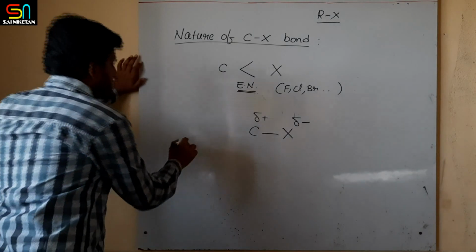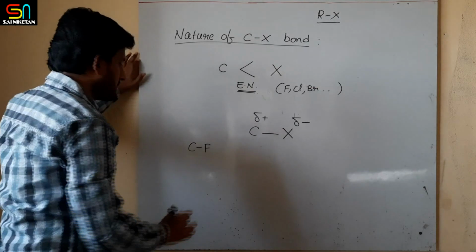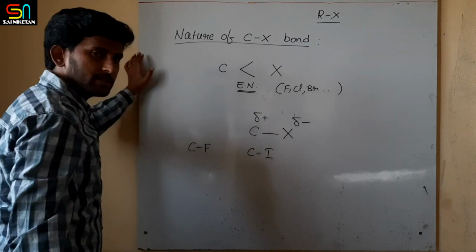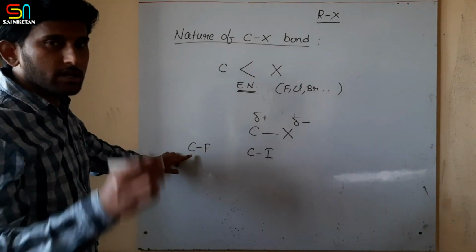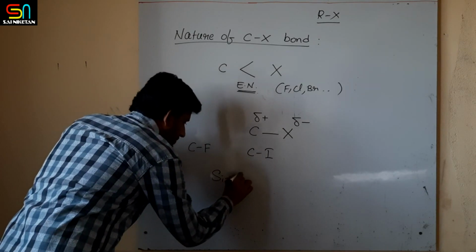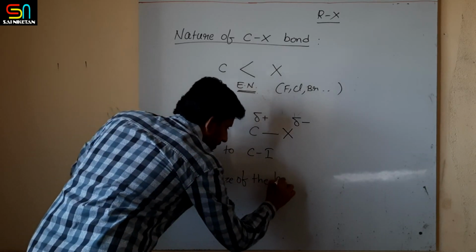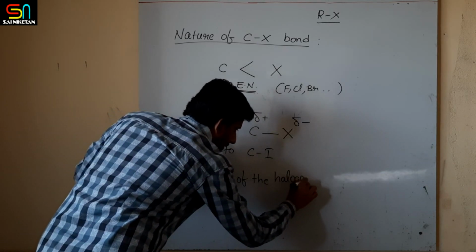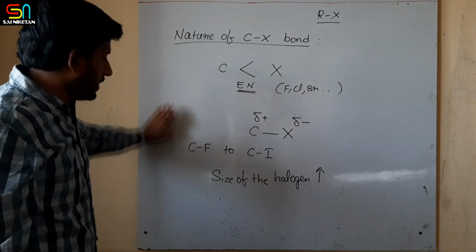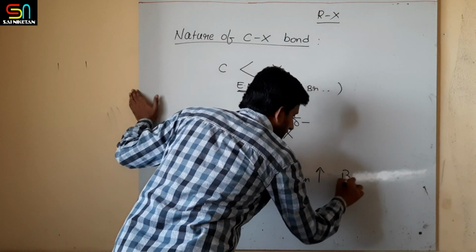Now what happens to the bond length and bond enthalpies from C-F to C-I? As you know, down the group the size of the halogen increases. If the size of the halogen increases, what does that mean? Bond length increases.